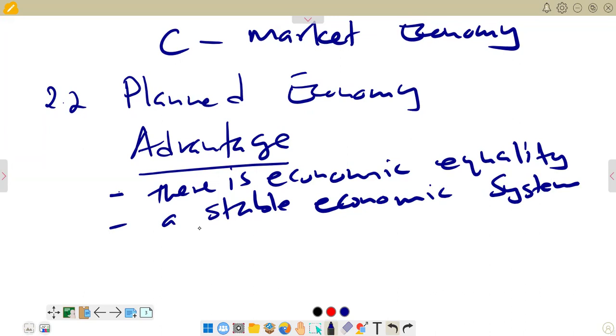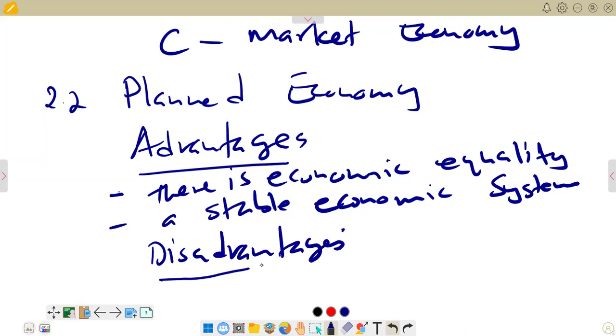So this is what we have in terms of achievement of a stable economic system. These are the advantages we have here. You can try to raise more advantages that we can deduce from a planned economy. So let's look at the disadvantages that we can deduce from a planned economy.